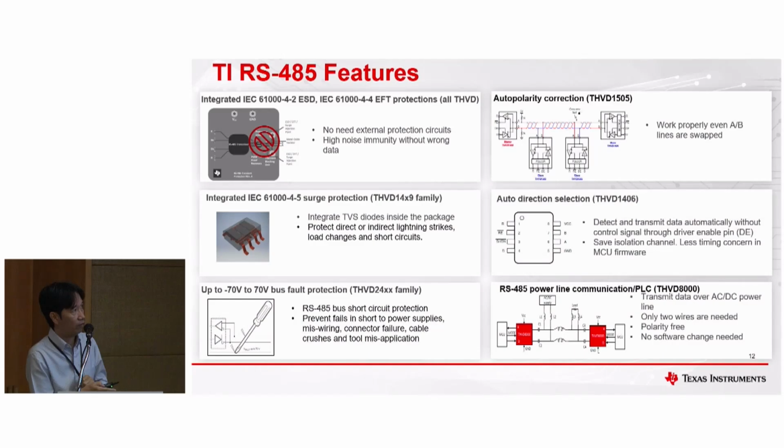We also offer a device family which has bus fault protection, with voltage going from minus 70 volts up to 70 volts. This provides a robust solution to protect the system.